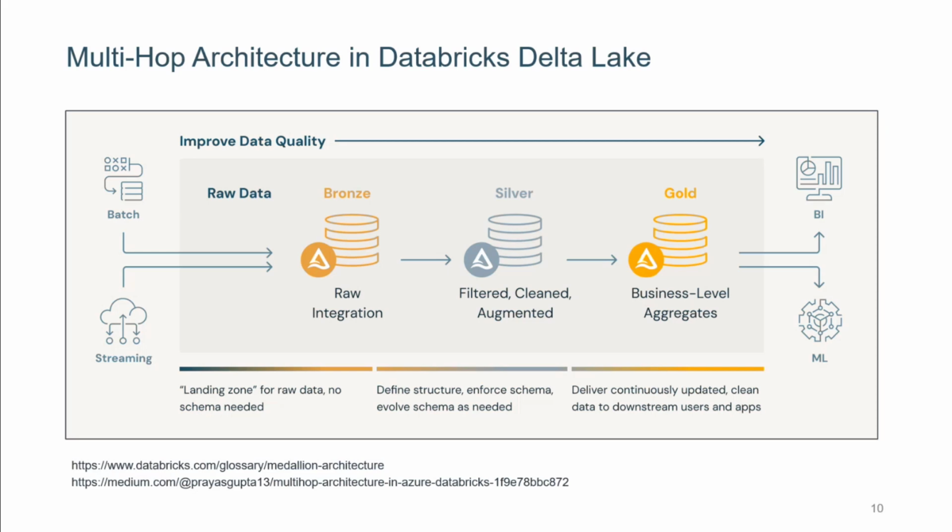That load process then leads to the silver tier, which is the transform, and the gold tier, which is where you're going to be relying on that tier for a lot of your business analysis. So starting with this concept here, we can take it and generalize it to our approach, whether or not you're using Delta Lake.